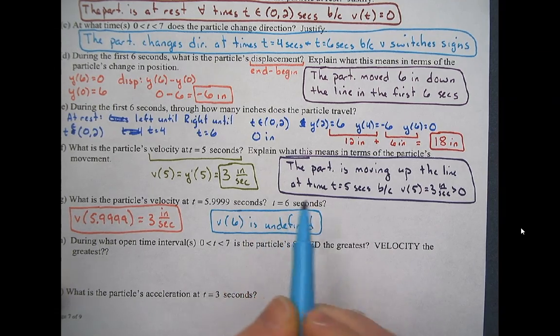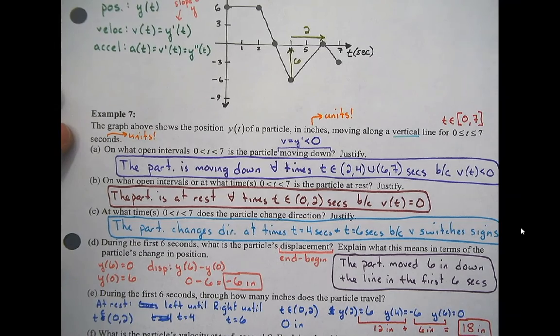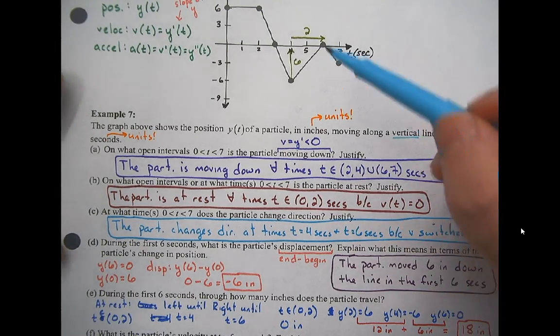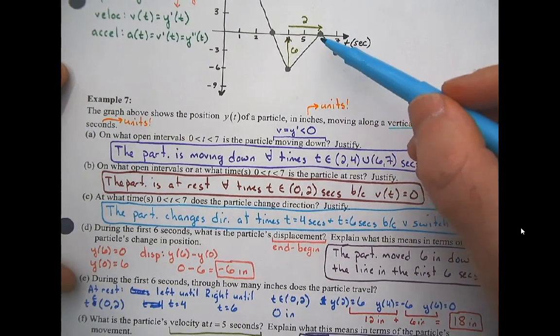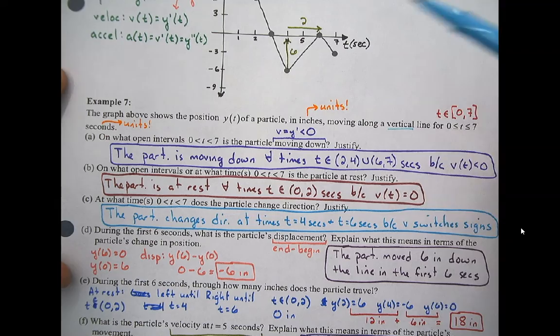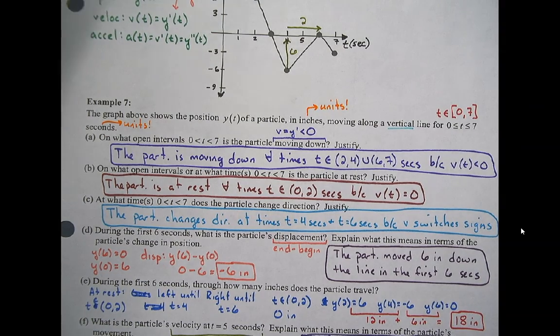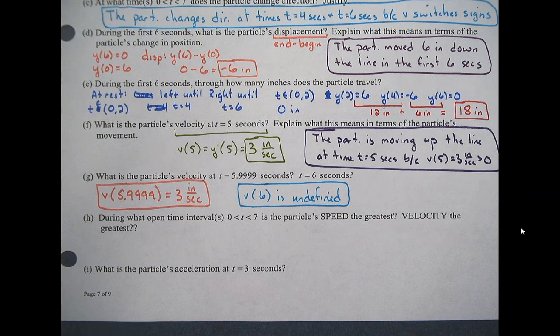Probably could get away with that. So just kind of to point that out, this magical particle somehow can be going at 3 feet per second and then magically turn into going negative 3 feet per second instantaneously without slowing down. So I'm not sure physically how this particle could work, but that's the information that we've been given.